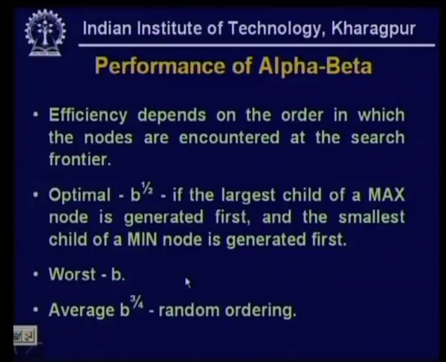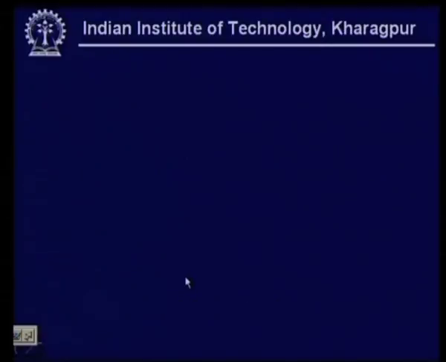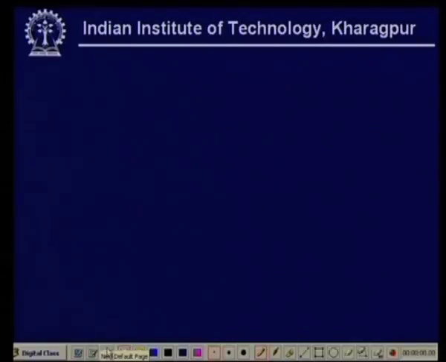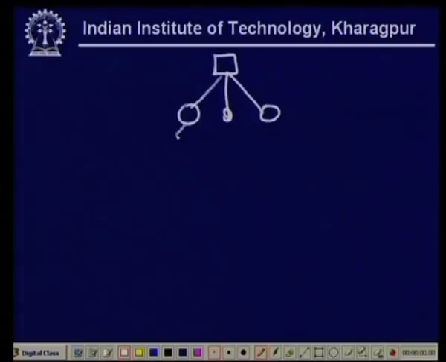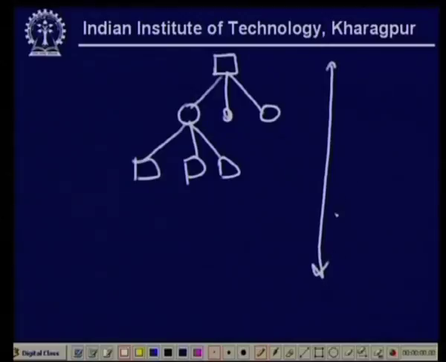Now, let us look at the performance of alpha beta. When we have a tree whose branching factor is b and its depth is d, we have seen that the number of nodes in this tree is of order b to the power d.